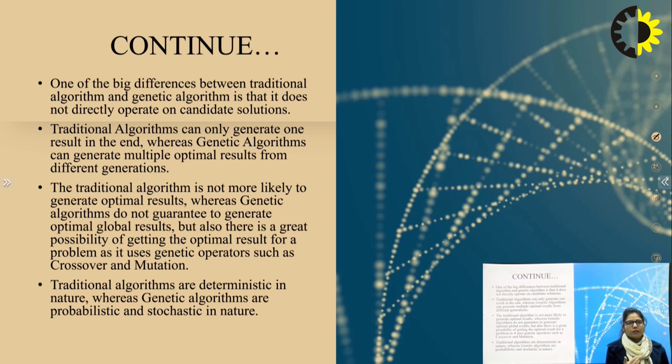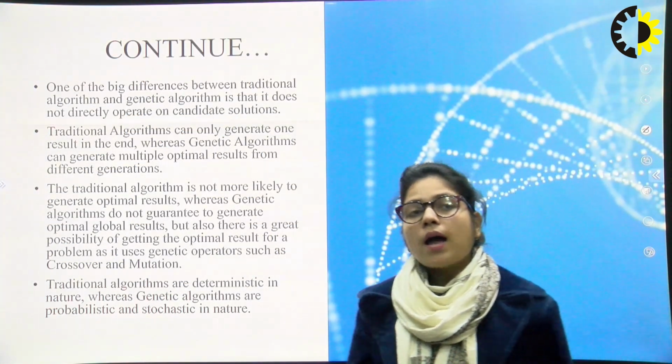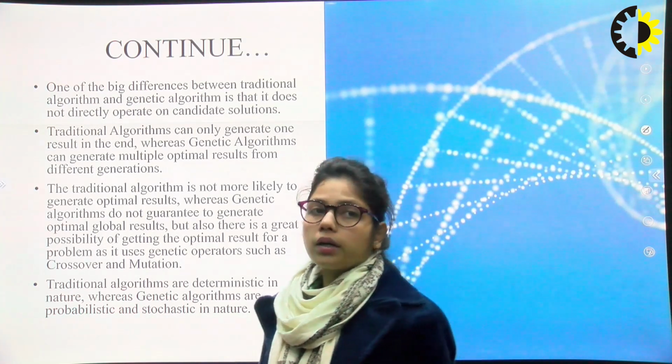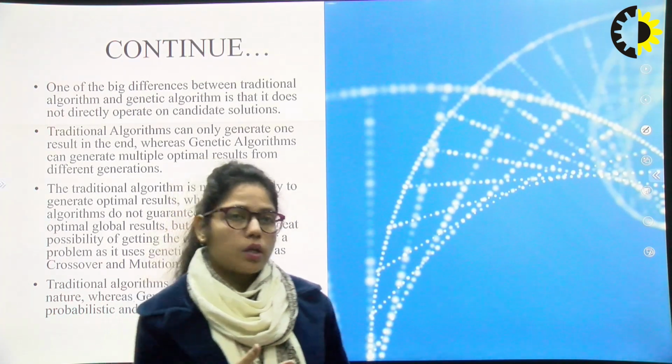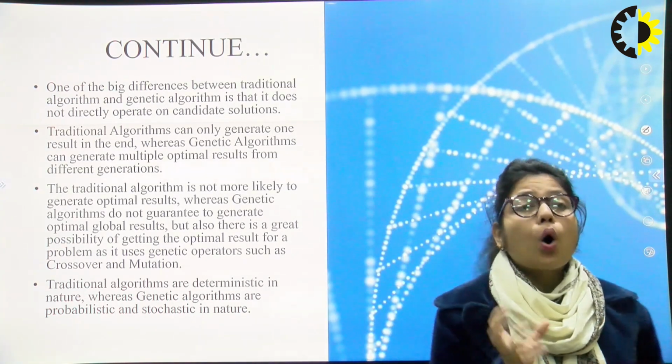The traditional algorithm is not likely to generate an optimal result, whereas genetic algorithms, though they do not guarantee a globally optimal result, have a great possibility of getting the optimal result for a problem, as they use genetic operators such as crossover and mutation.